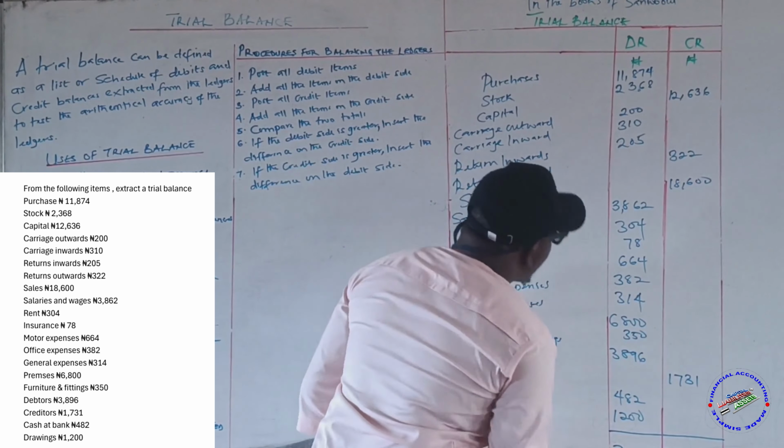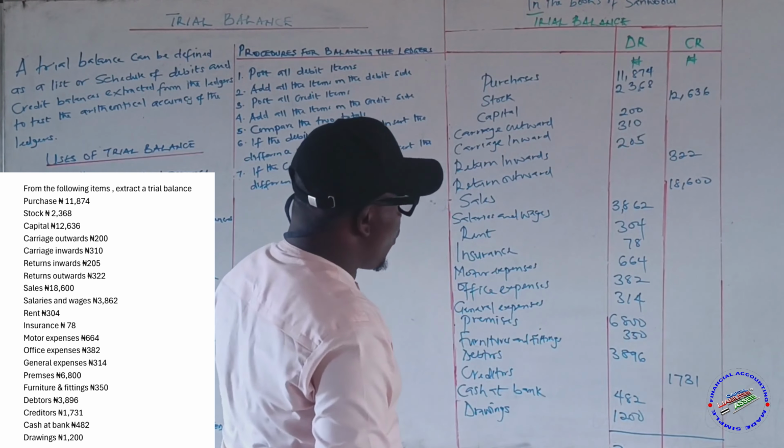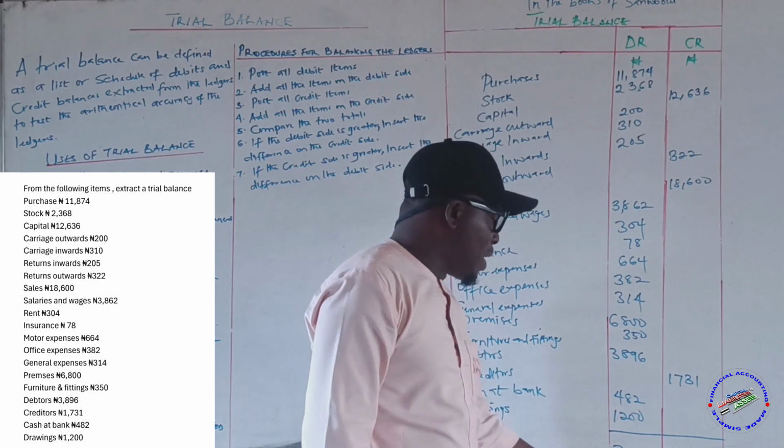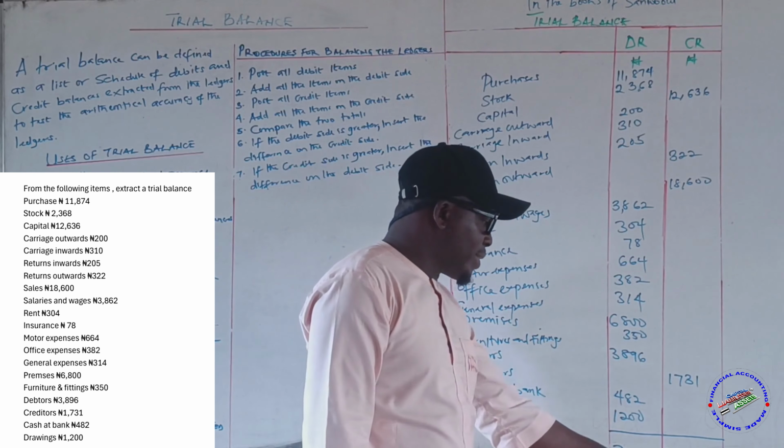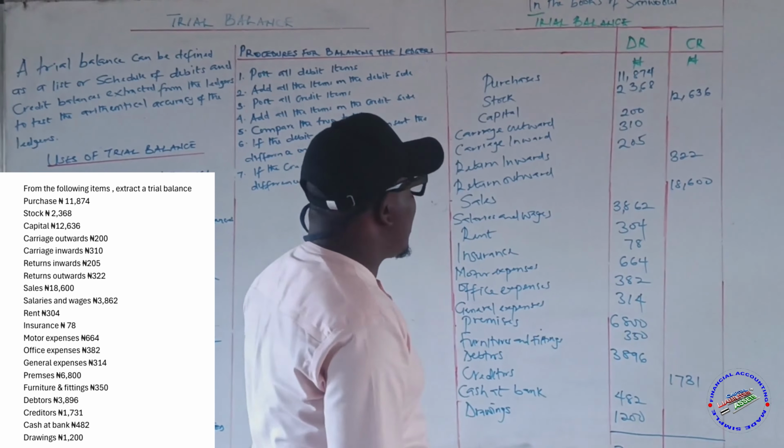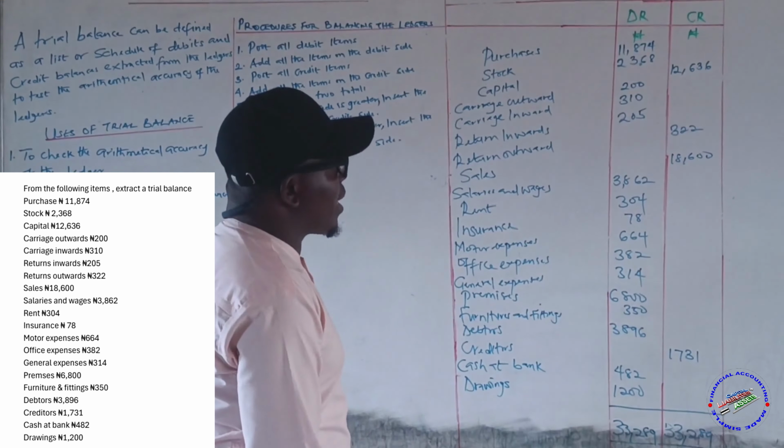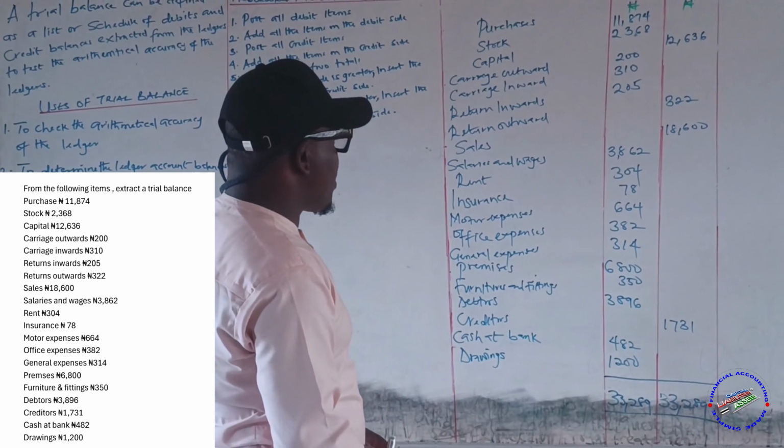So having added up both sides, we have the same totals of 33,289 on the debit side and 33,289 on the credit side.